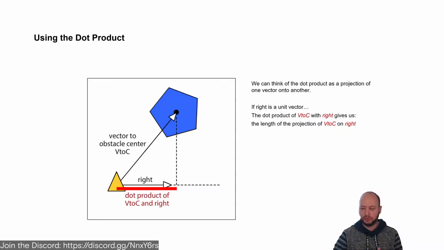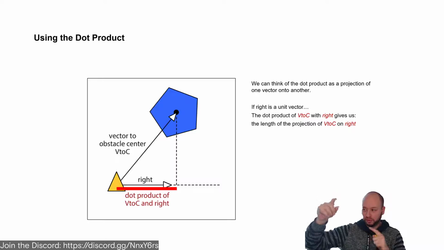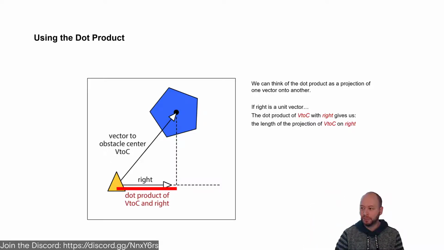So, again, to review, to get this value, what we would do is we would get that vector and we would project it down onto our right vector. Now, our right vector is a unit vector. It's a normalized vector, and this vector is not normalized. It's going to be some wacky number. So actually just taking the dot product in this case will give us the magnitude, that distance. Because if you recall in the last lecture, we talked about dot products to get the projection, right?